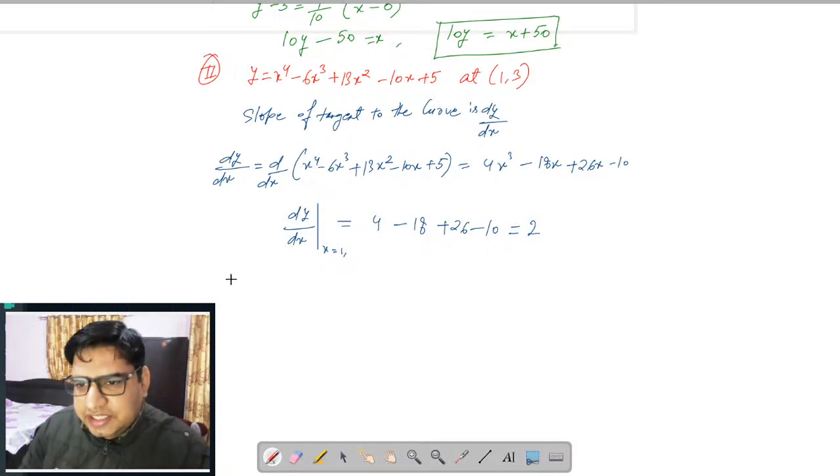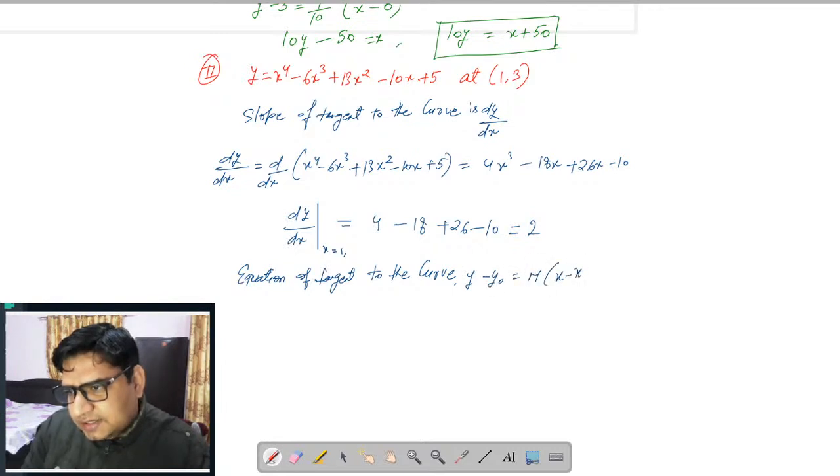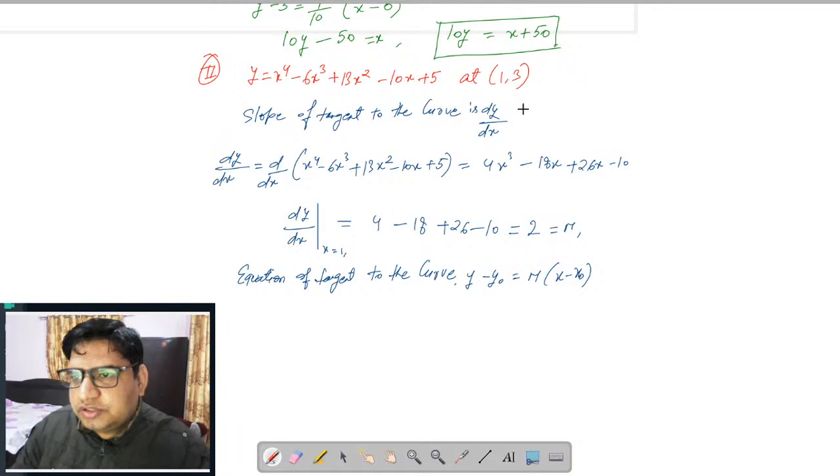And the equation of the tangent to the curve is, as we know, y minus y naught is equal to m times x minus x naught. This is m, and for the tangent to the curve at the point, we write x naught, y naught is equal to 1 and 3.